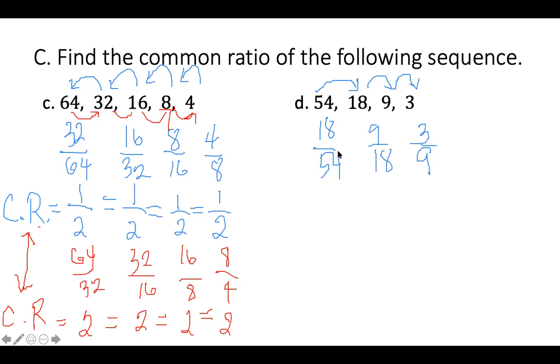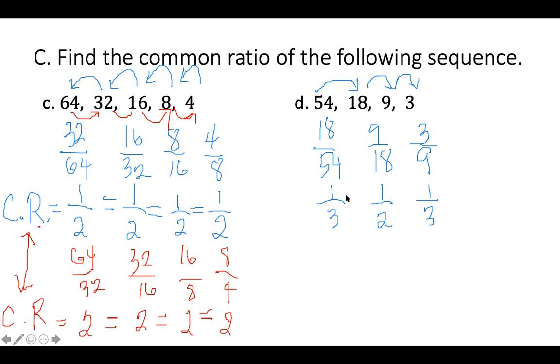So pag tinignan natin, hindi sila equal, pero pwede natin silang i-simplify. So pwede natin itong i-simplify by dividing by 18 both numerator and denominator, and this becomes 1/3. Ito rin naman, okay, this is 1/2. Ito naman ay 1/3. Tama, di ba?